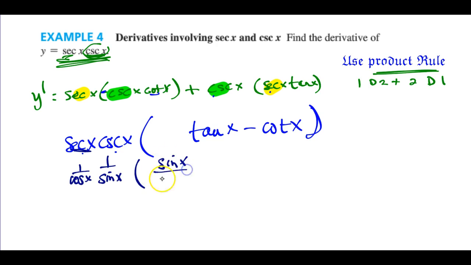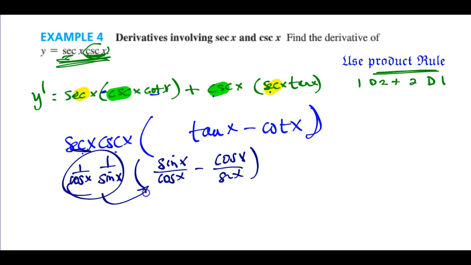We'll see. We'll spend just 10 more seconds looking at this. Cotangent is cosine x over sine x. And I'm just wondering what happens if I distribute this, because the sines will cancel, so I'm left with 1 over cosine squared minus, and if I distribute this, the cosines cancel, and that's 1 over sine squared x.